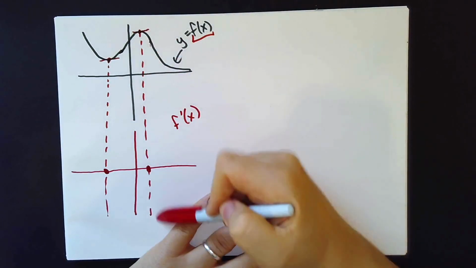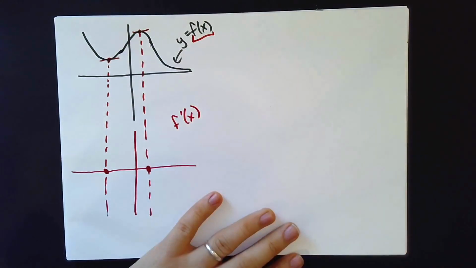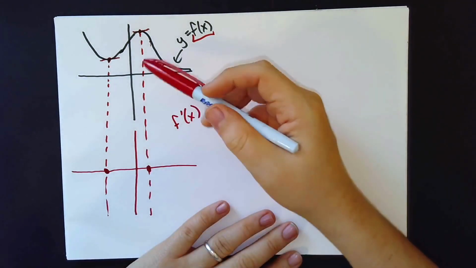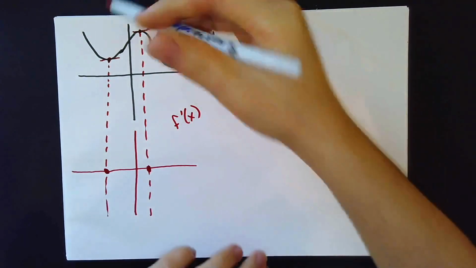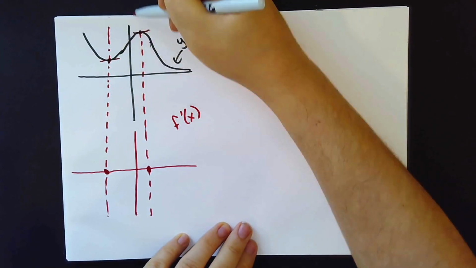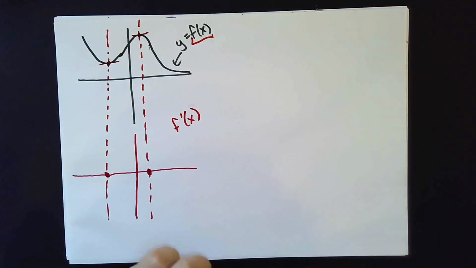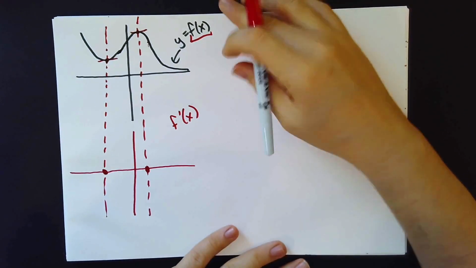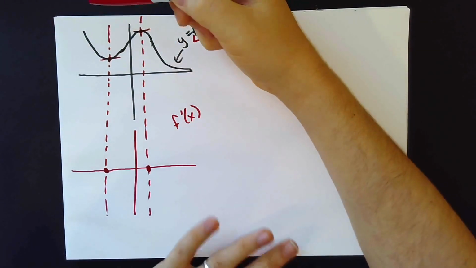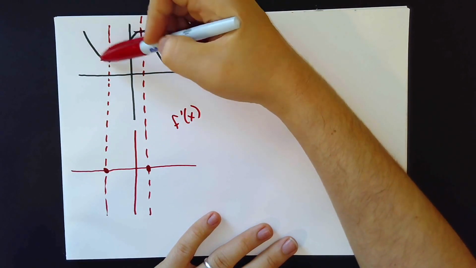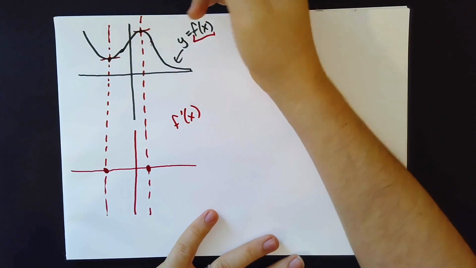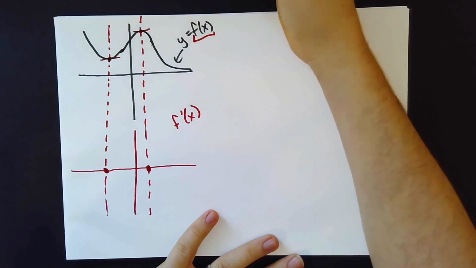So in doing this, I've created these dashed lines. And the dashed lines are here basically to talk about how we've broken the original graph into 3 pieces, or 3 zones, if you will. And I want as my next step to think for each of these pieces whether the derivative is going to be positive or negative in that piece.